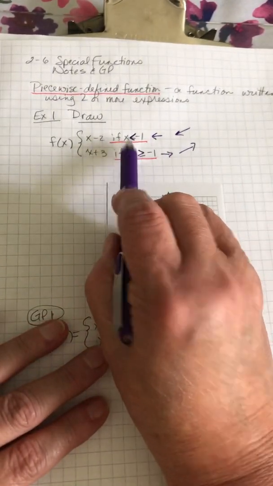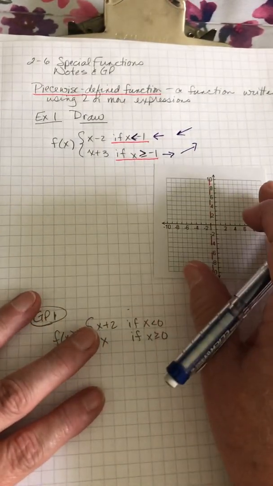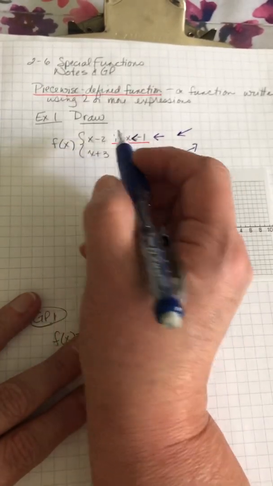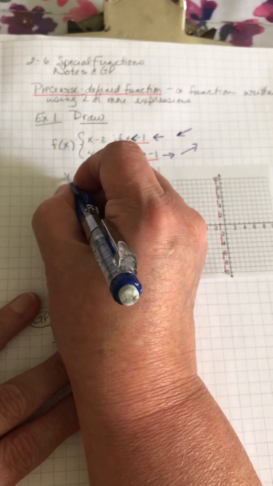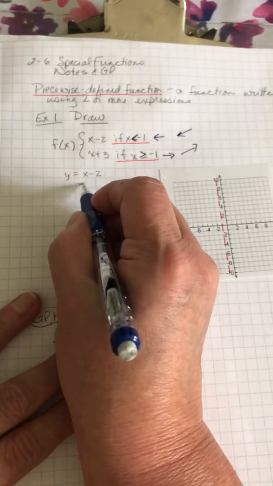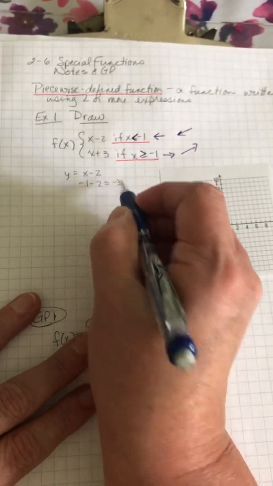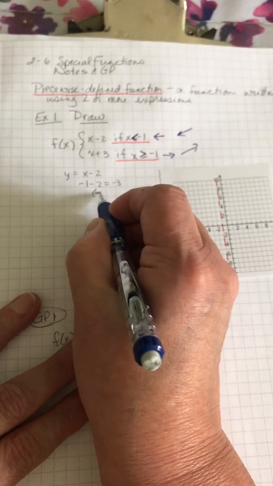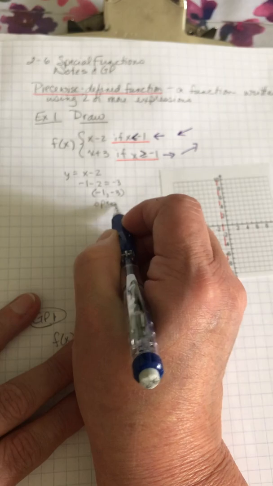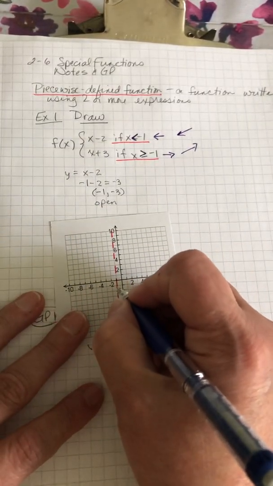Now, because this is less than, I also know it's going to be an open circle. Remember, this is a line, so I'm thinking y equals x minus 2. If x is -1, -1 minus 2 is -3, so my starting point is (-1, -3). It's an open circle because it doesn't have that equal, but I want to start there.